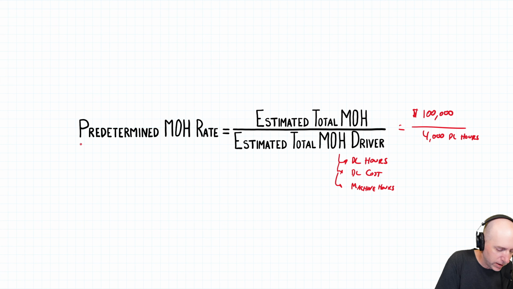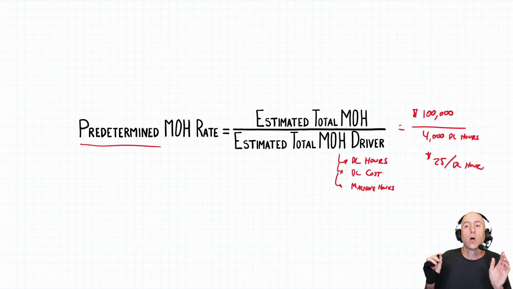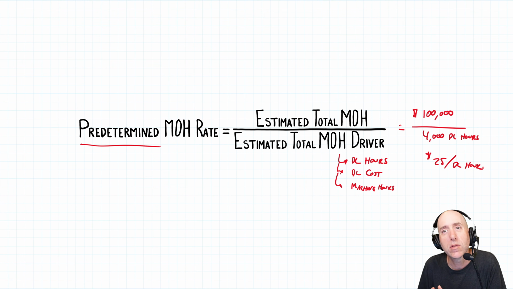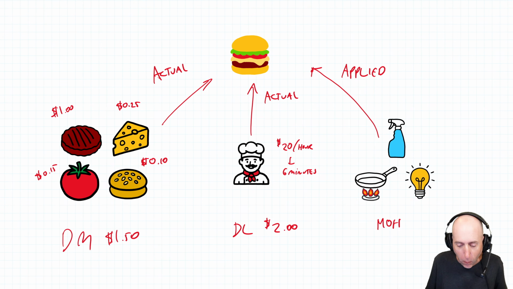It's predetermined, so it's beforehand. We do the ratio, and 100,000 divided by 4 is $25 per direct labor hour. So for every direct labor hour I spend, I estimate there's going to be $25 worth of overhead. And so that's what we apply here.